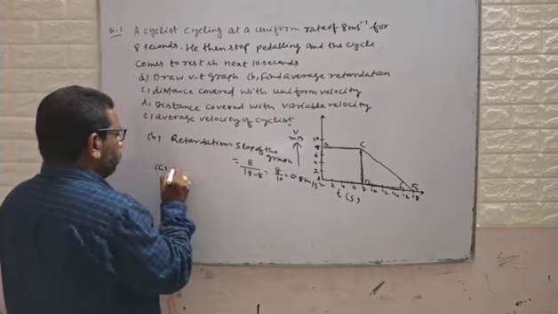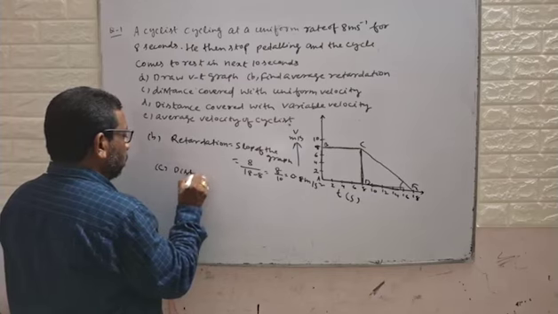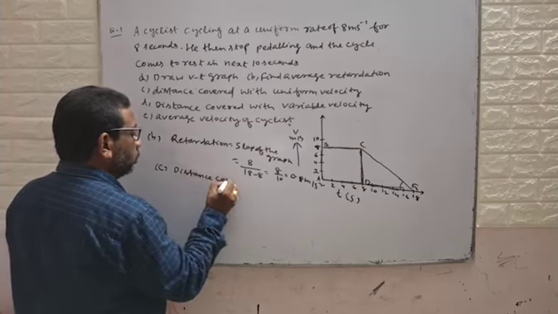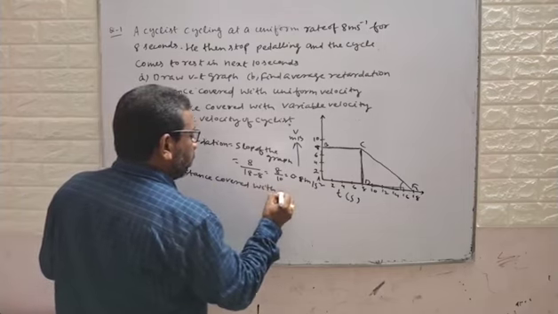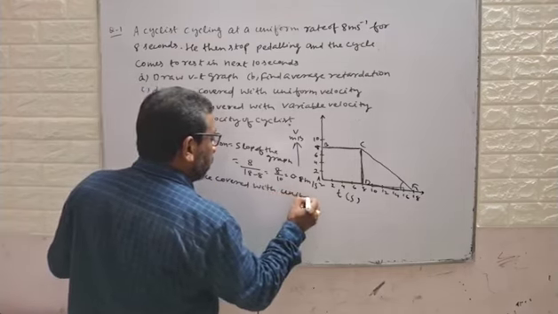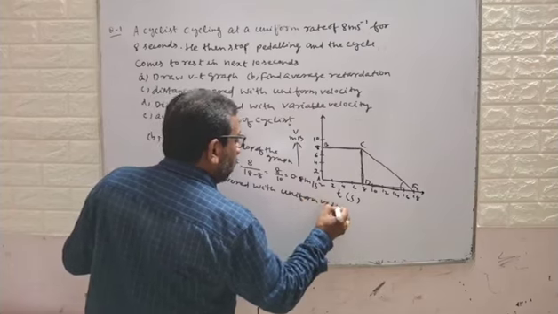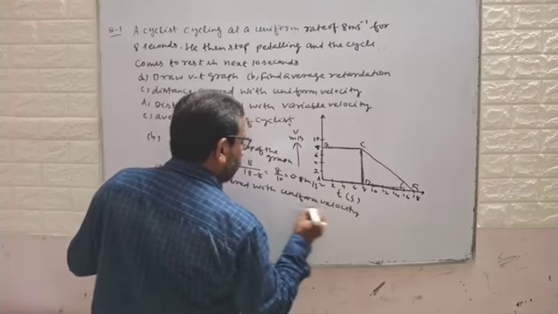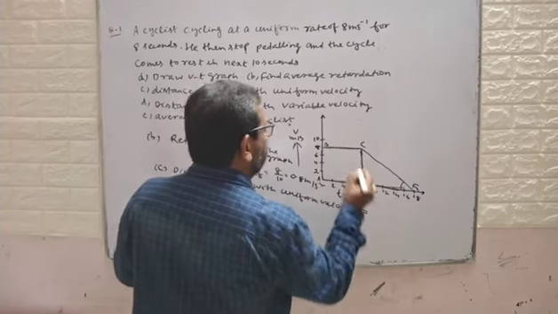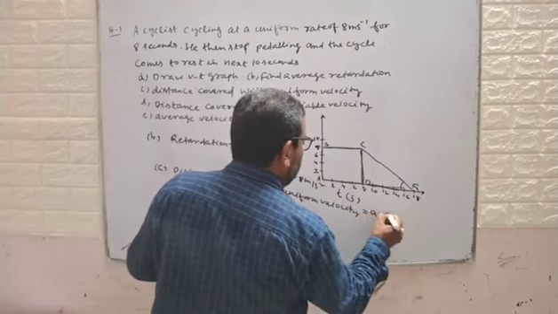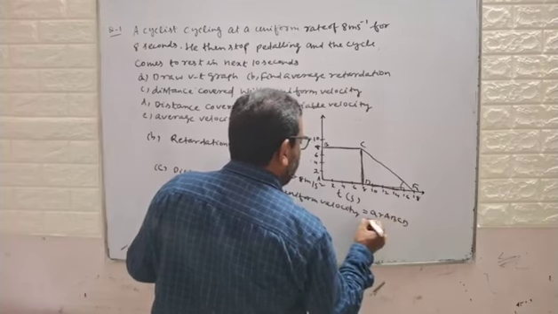Distance covered with uniform velocity means area of ABCD. Area of ABCD.